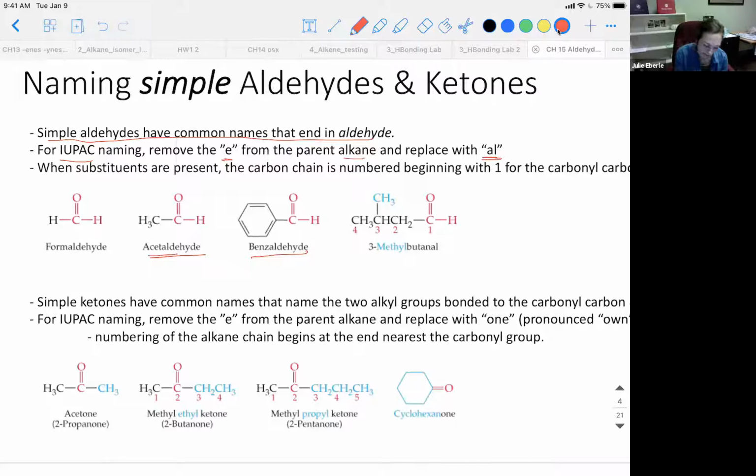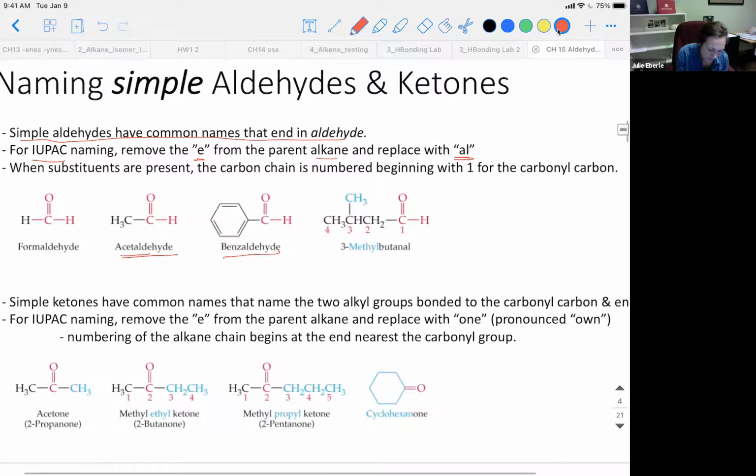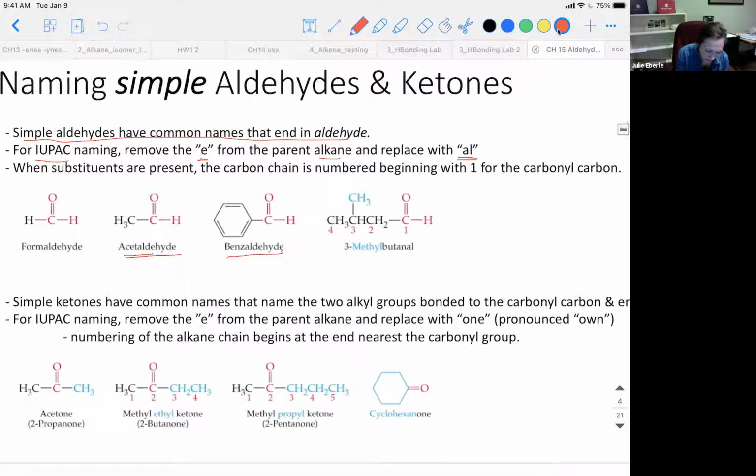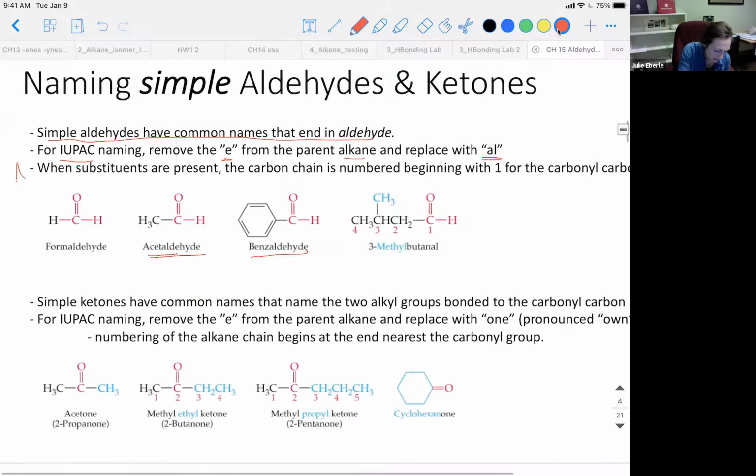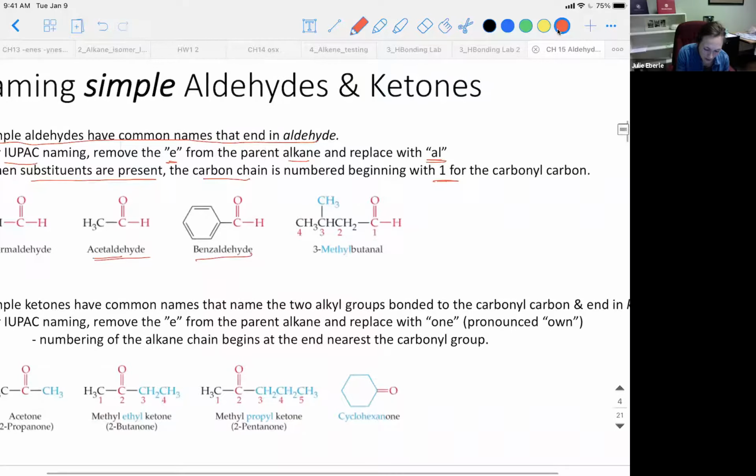So if we look at this very last one right here, 3-methylbutanal. We should probably read this last sentence regarding how we're supposed to number it. When substituents are present, the carbon chain is numbered beginning with 1 for the carbonyl carbon.